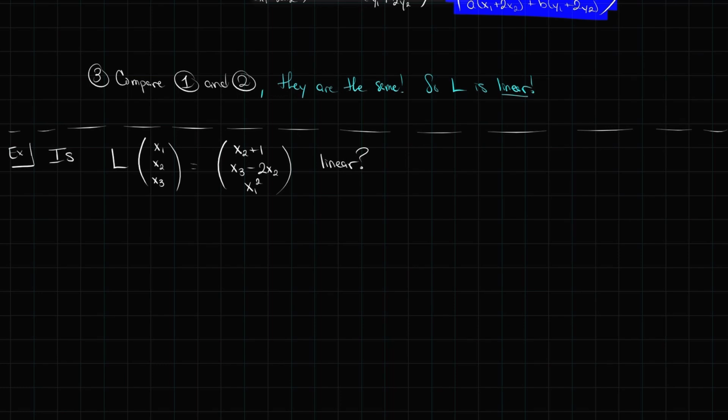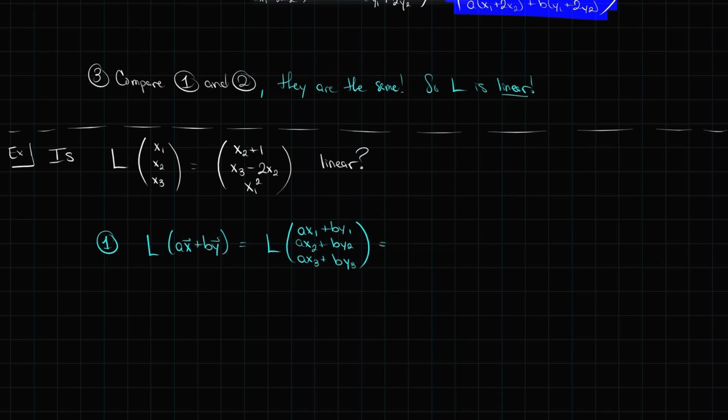So what we're going to do is follow the same steps as before and compute L of ax plus by. The inputs are 3-dimensional today, so we're going to have, and I'm skipping a few steps because I think you're all getting used to this, ax1 plus by1, ax2 plus by2, ax3 plus by3.